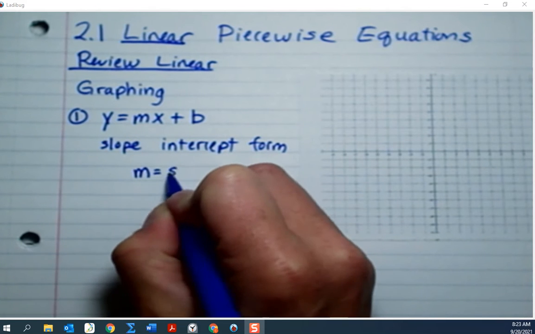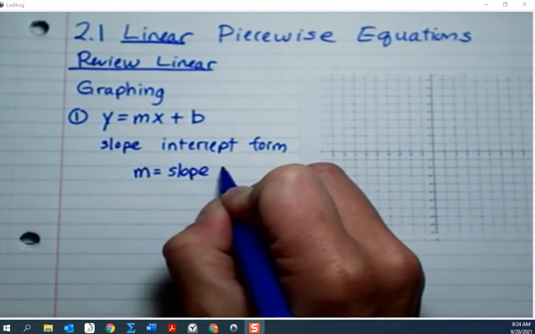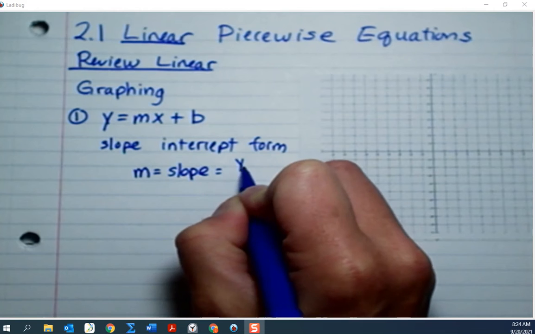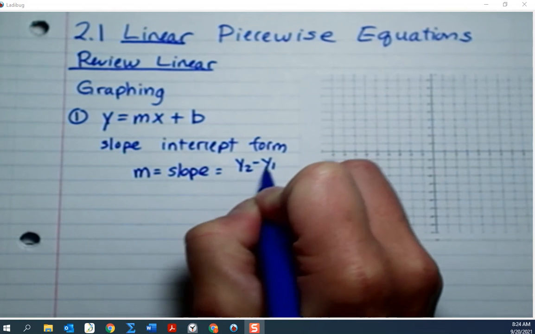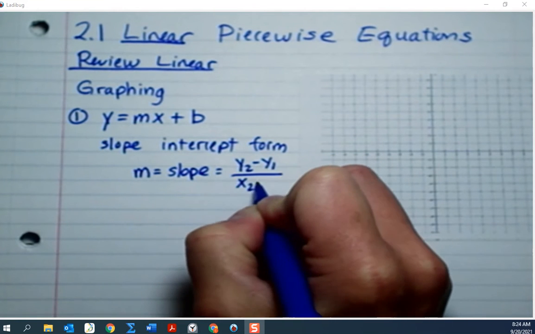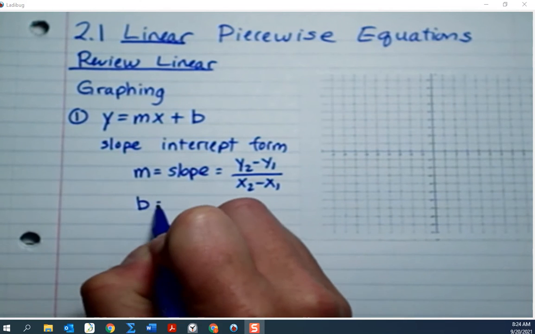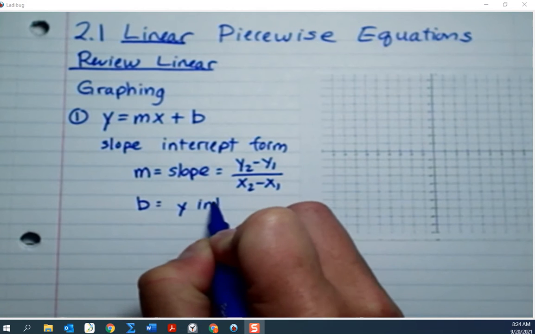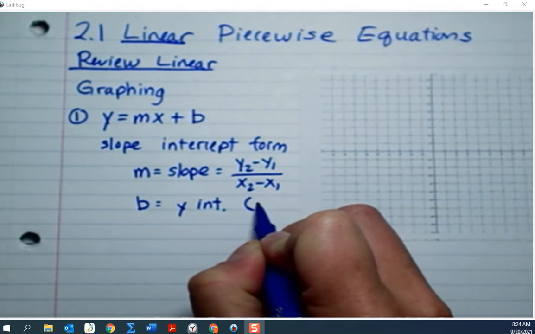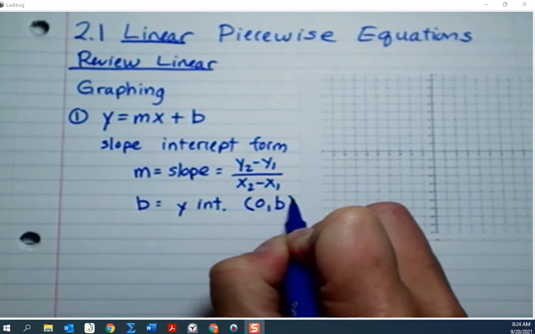M is slope. Just a quick reminder here, slope is the change in y values over the change in x. And B is the y-intercept. So that's a point 0, comma B.